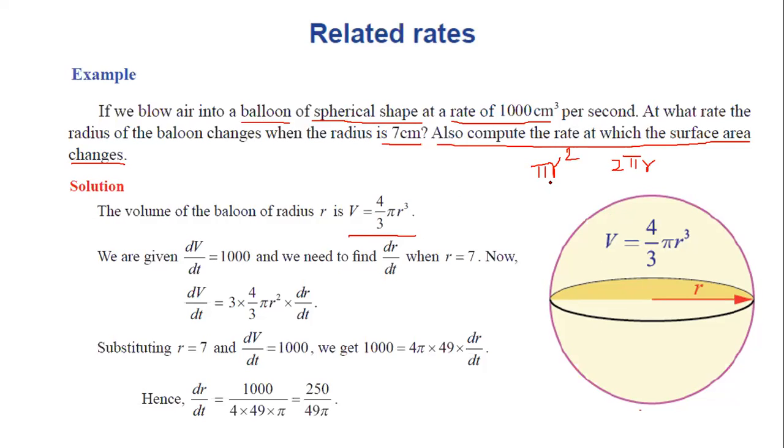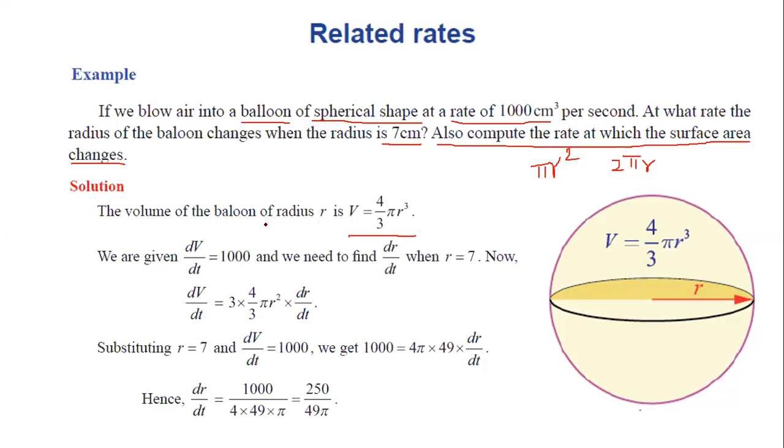But here we are discussing the 3D concept of a circle. What is the 3D concept of a circle? Sphere. You can consider one bangle. If you rotate the bangle continuously, then you can see the sphere. That is a very simple real-time example for the sphere.